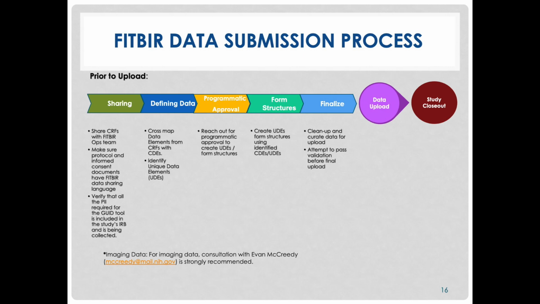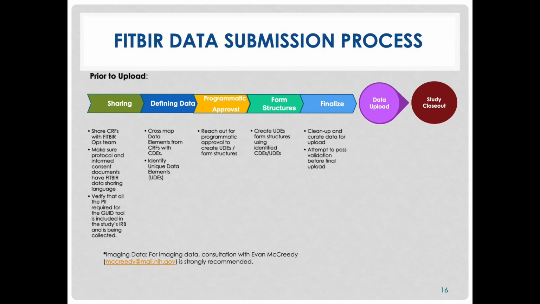The second step is defining data, which includes cross-mapping data elements from CRFs with CDEs, identifying unique data elements known as UDEs. The third step is programmatic approval, which involves reaching out for programmatic approval to create UDEs and form structures.